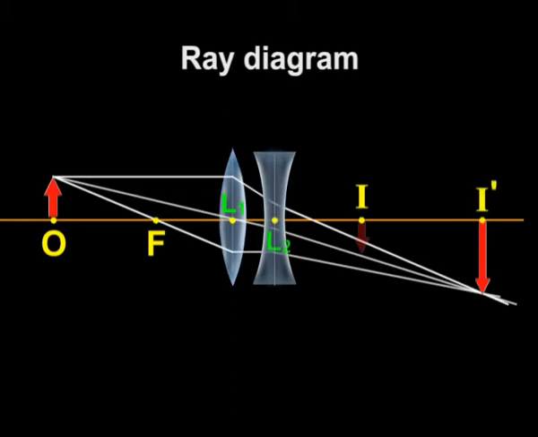Here in this diagram, the positions of the convex lens and concave lens are marked as L1 and L2, and the distance between L2 and I dash as v, whereas between L2 and I as u.